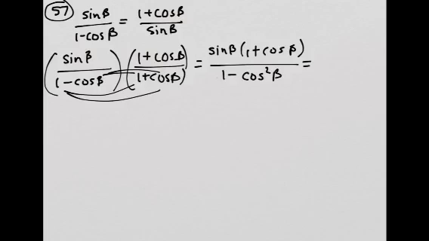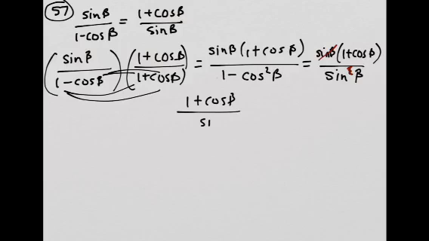And we know that 1 minus cosine squared beta is sine squared beta. Again, Pythagorean identity, right? So sine squared beta. And so 1 sine beta cancels with 1 sine beta in the denominator. And that's exactly what the right hand side looks like. 1 plus cosine beta over sine beta.